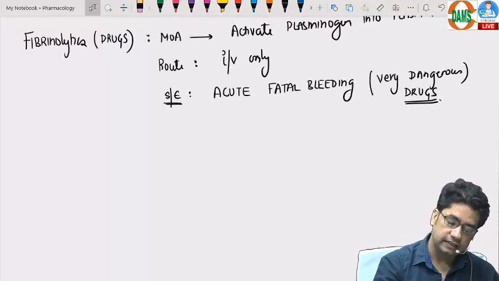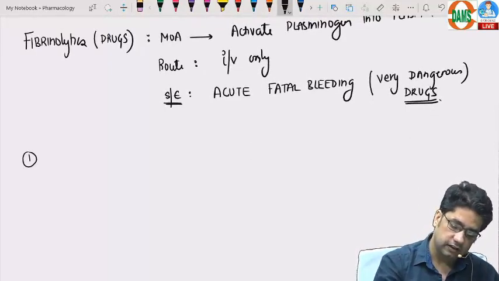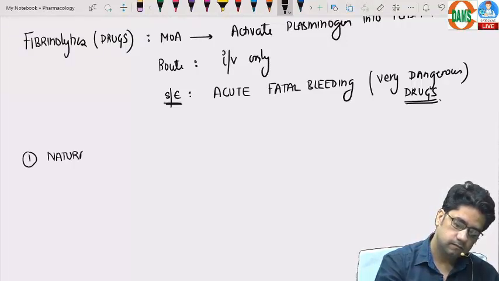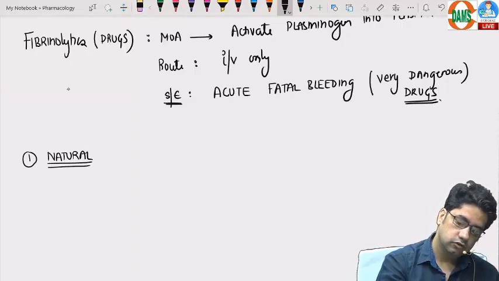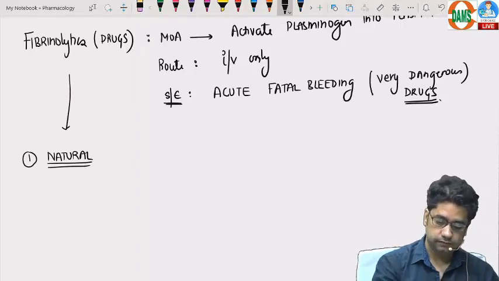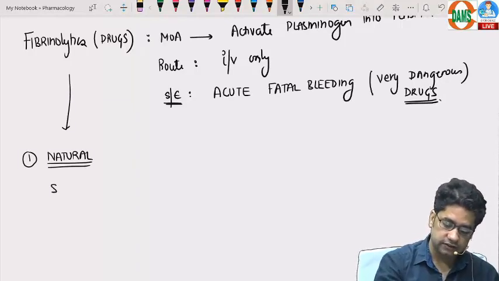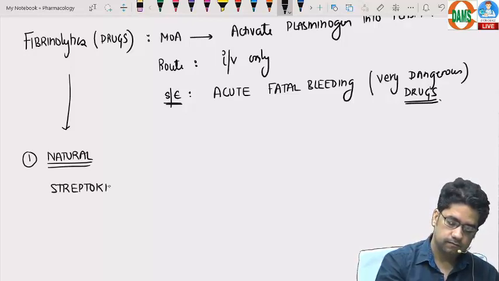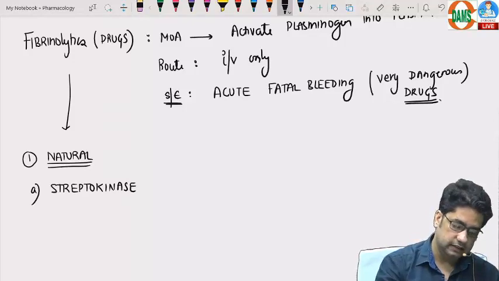So fibrinolytics as a drug, the first class of drug you will write is natural. So what are the drugs? First is natural. And first drug you will write is streptokinase.